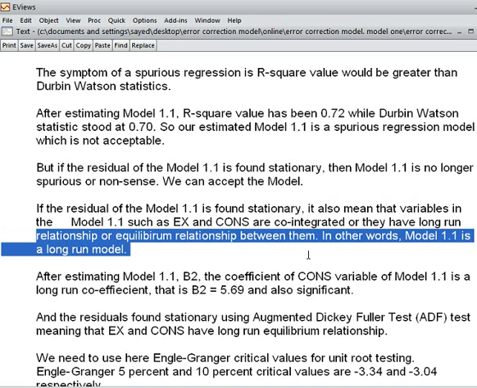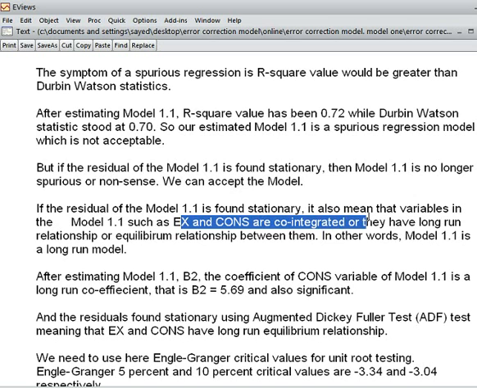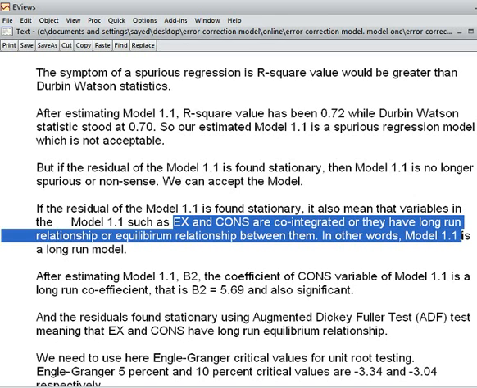And secondly, if the residual is stationary, then the variables of model 1.1 are cointegrated, or they have long run relationship, or they have long run equilibrium relationship between them.